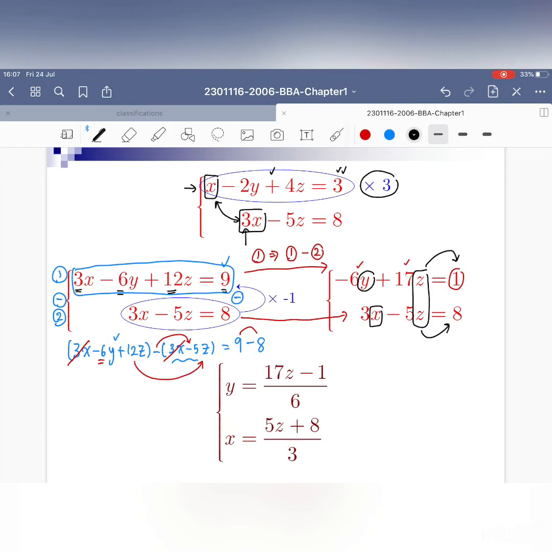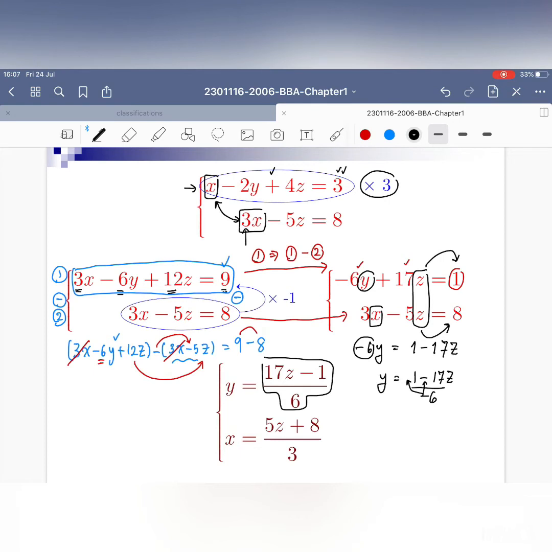So the first one, negative 6y is 1 minus 17z. So you are going to divide by negative 6, so you have 1 minus 17z over negative 6. So the negative will distribute to the one on the top, so you have y equals 17z minus 1 over 6.